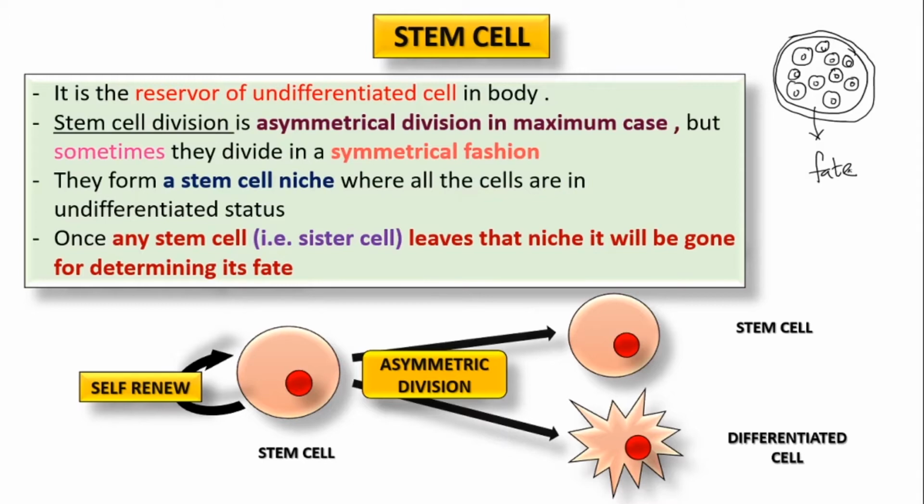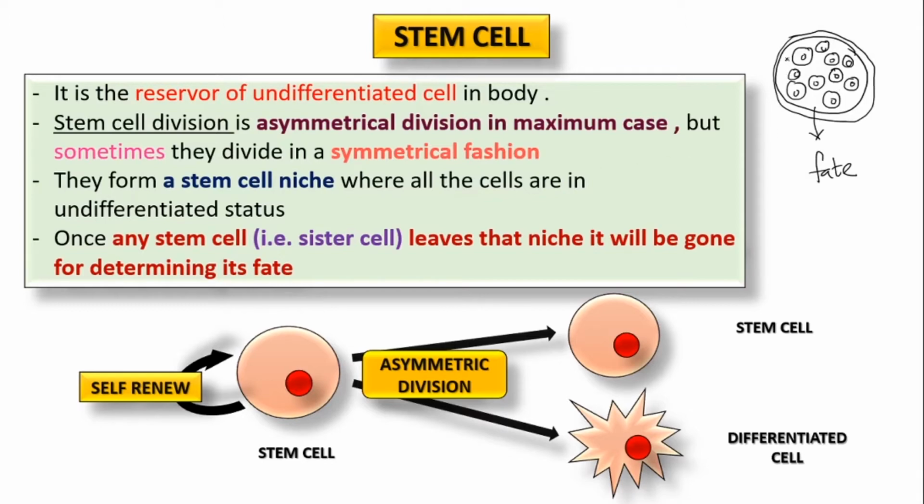So what is the stem cell niche? The boundary within which the stem cells retain their undifferentiated nature is known as the stem cell niche.